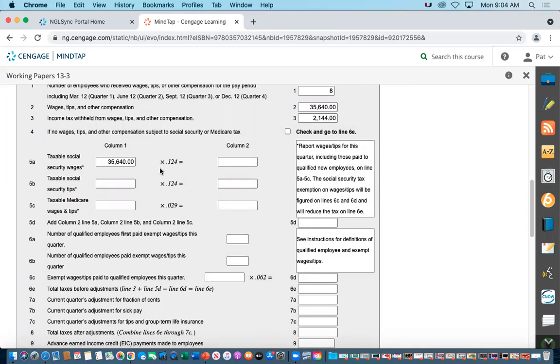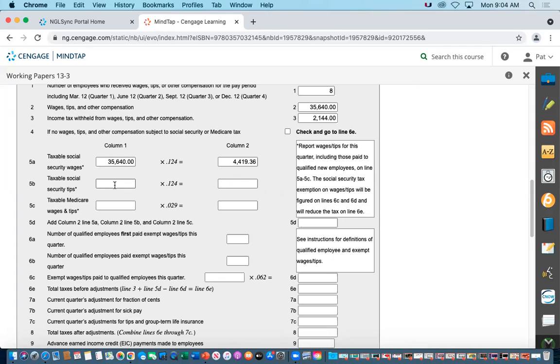We have to match it. So you put in your calculator 35,640 times 0.124, and you get 4,419.36. That's our Social Security wages.